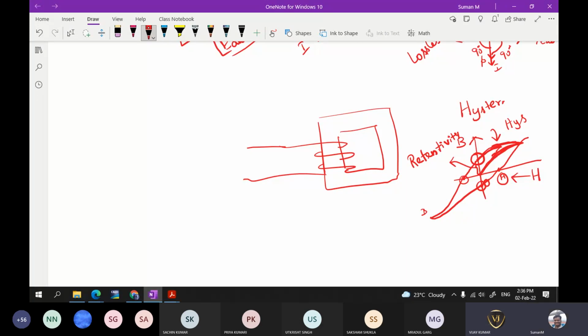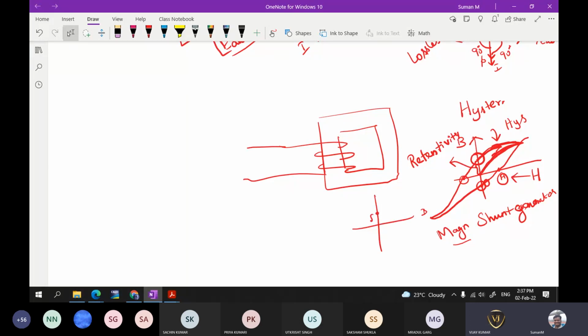In some experiment which you could have performed in your lab, the magnetization characteristics of a shunt generator, you would have seen that when the field current is zero, the induced EMF is not zero. Those of you who have performed those experiments would have seen this, because the material used in the machine has the retentivity property.